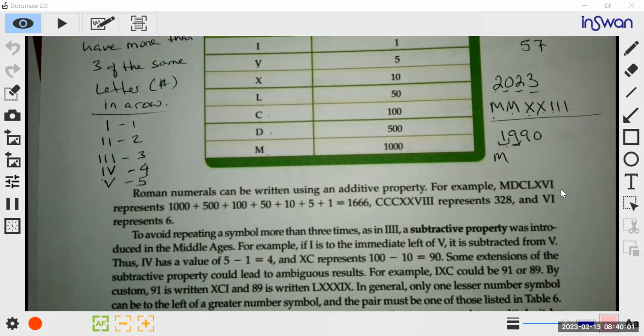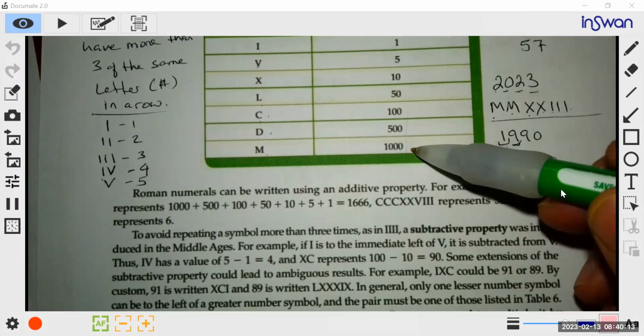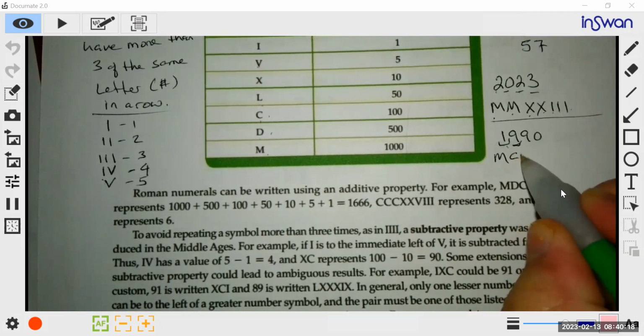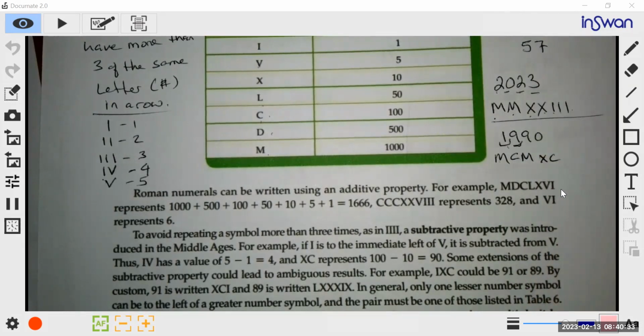XM? Because 900 is, how do we get 900? Using these numbers. CM, yeah, because we have 1000 minus 100, so it's CM. That means it's 1900. How do we do 90? XC, very good. Because 90 is 10 before 100.